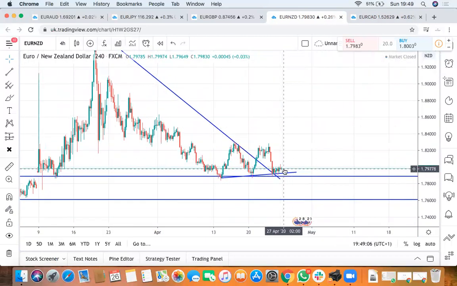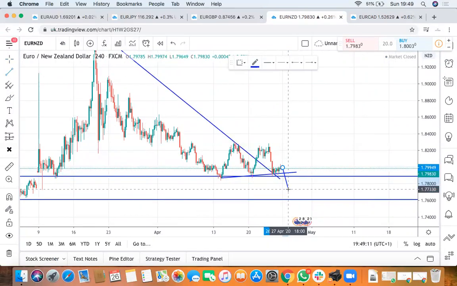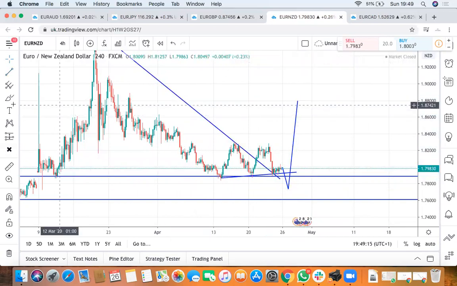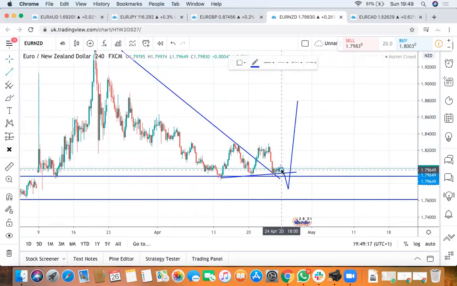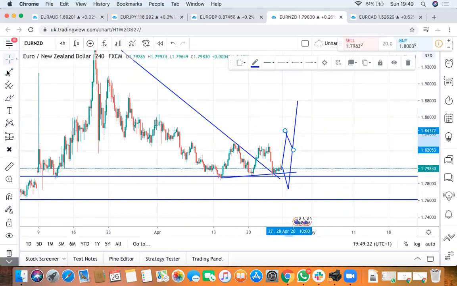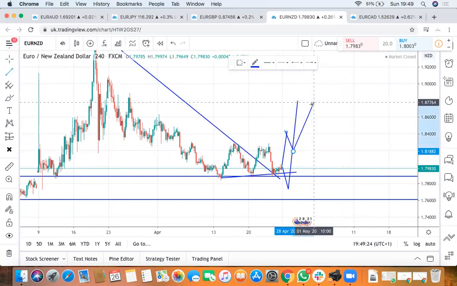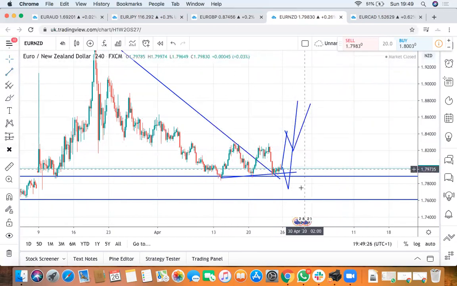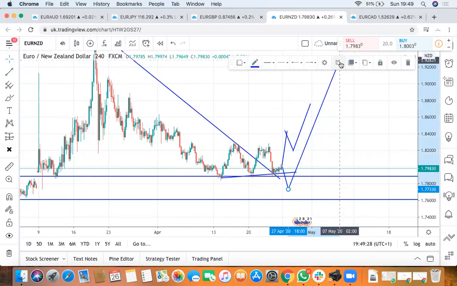However, price is known to trick people, and because we haven't come into this trend line area, we could see a nice dive in to fill up more orders to go higher. Or we could go higher, and if we do go higher, we want to retest these highs to go higher, and for us to take a trade. So yeah, we'll just wait and see what is good for us to do.